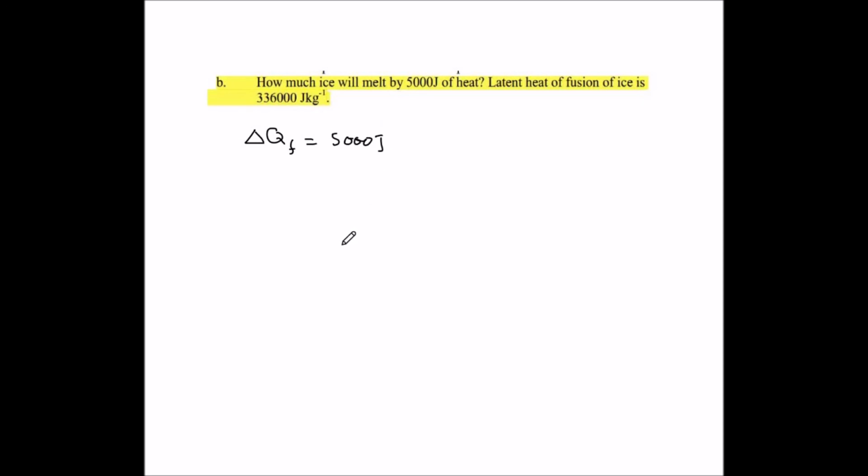Then you have latent heat of fusion of ice. The latent heat of fusion we represent with HF, and it is given. What you need to calculate is how much ice, that means mass of ice.